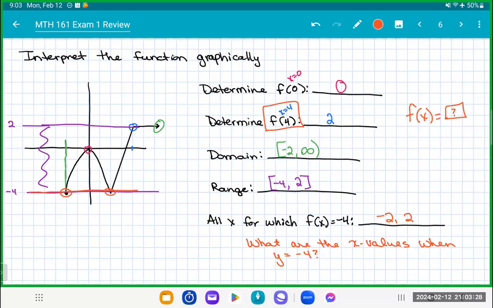Yep, because we also know that f of x is the same as saying y. They're interchangeable. So you could see this here as saying y equals -4. So where does y equal -4? Oh, it happens at x equal to -2 and x equal to +2. Okay, thank you. Yep, I hope that helped.